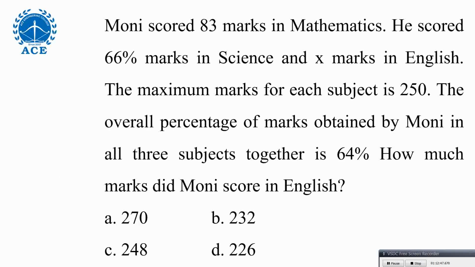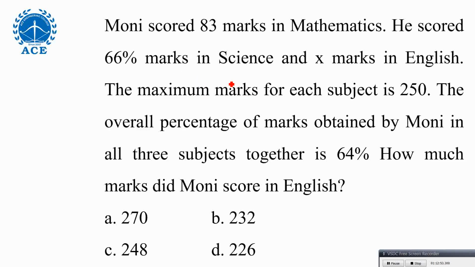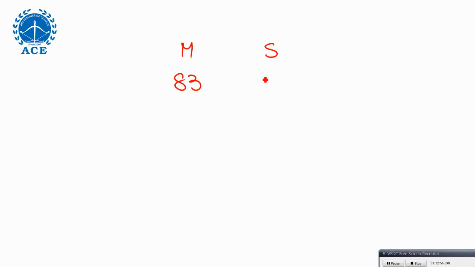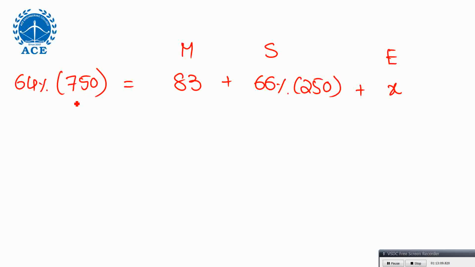So what you can do: maths 83, next subject science 66% of 250, plus English X. These marks are nothing but equal to 64% of 750. It should match, right? So that percentage calculating is difficult. Don't worry, dividing by 100, you can do it in a minute, not a problem. Dividing by 100, things will cancel.